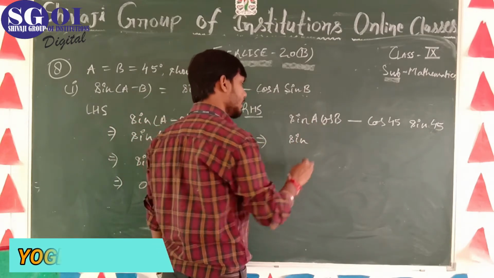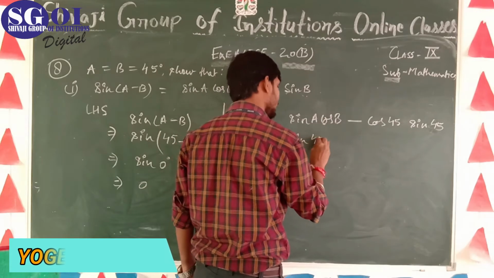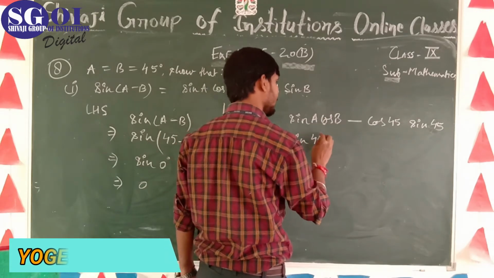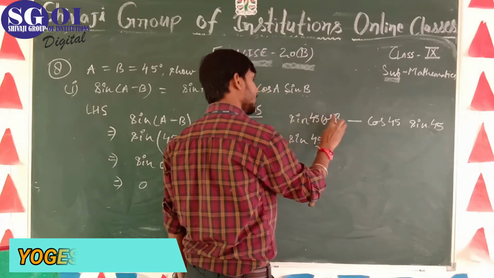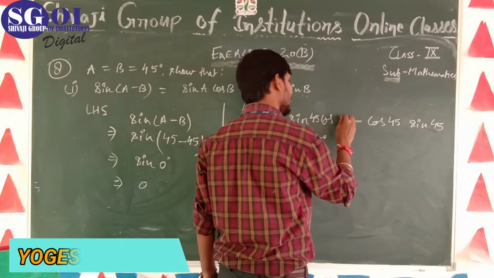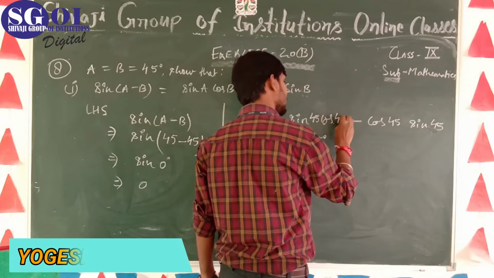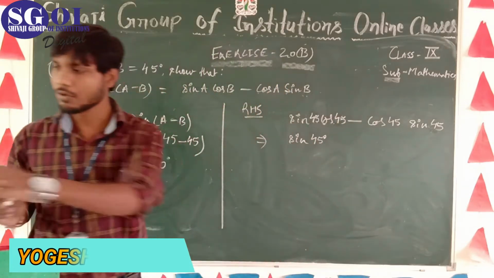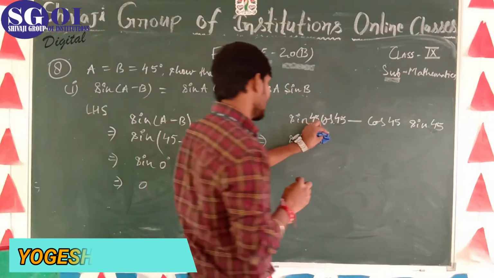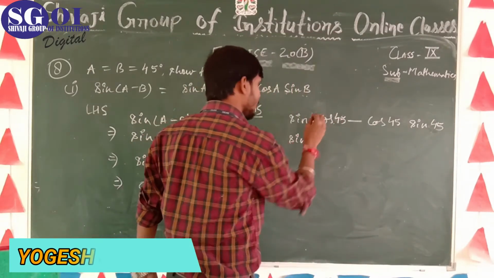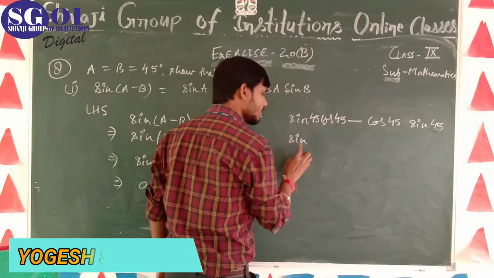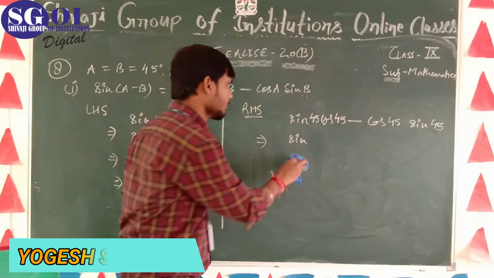A is given as 45 degrees, and B is also given as 45 degrees. So now we put the values of A and B, 45 degrees. Sin 45 degrees value is 1 by root 2.